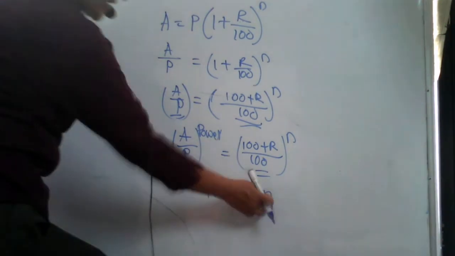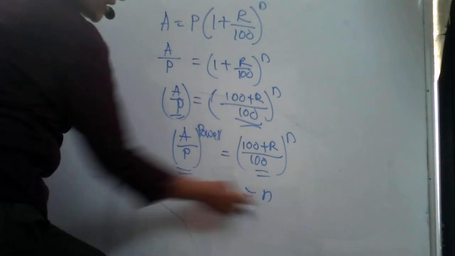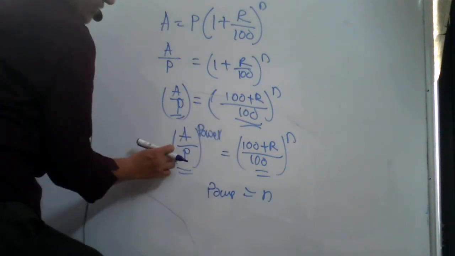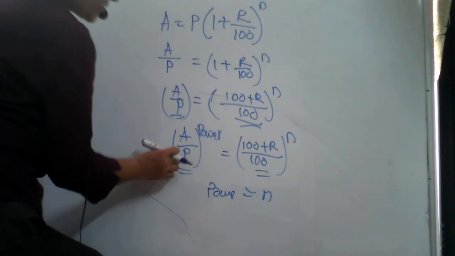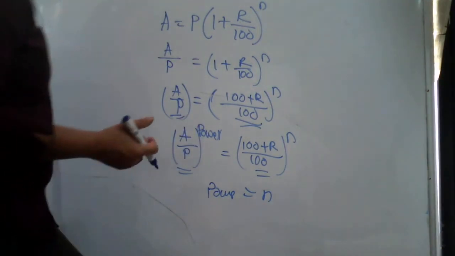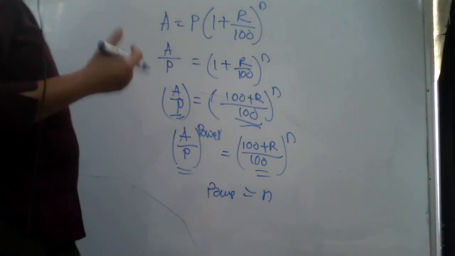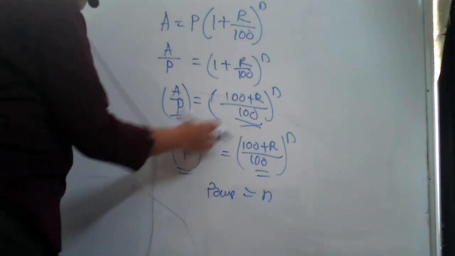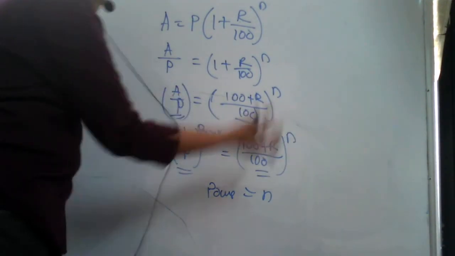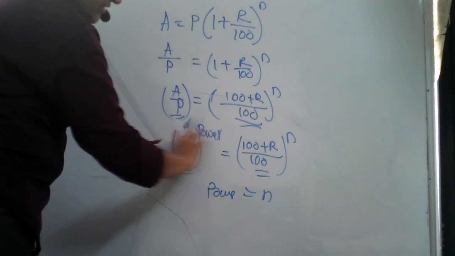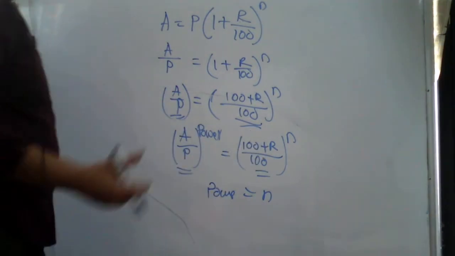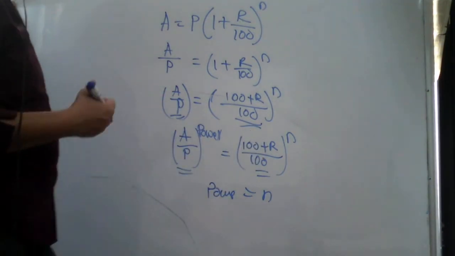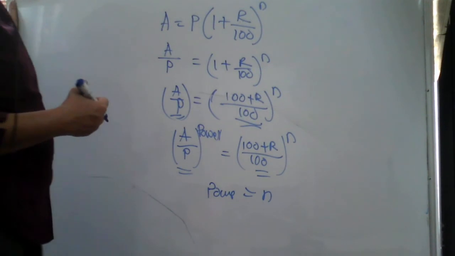You have to equate it with n. So you will find n with the help of the power you get over here, where a upon p is such a number which can be converted into an exponent of a certain number. Hence you get this power, that is the exponent. Exponents will be equated with this. Why? Because the base of this side and the base of this side will become equal. When the bases are equal, exponents can be equated and n can be calculated.